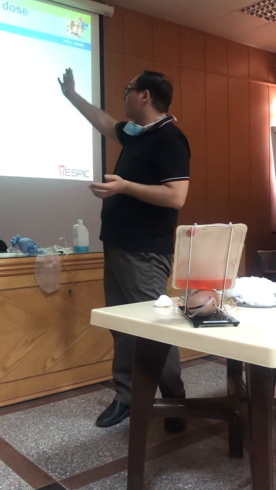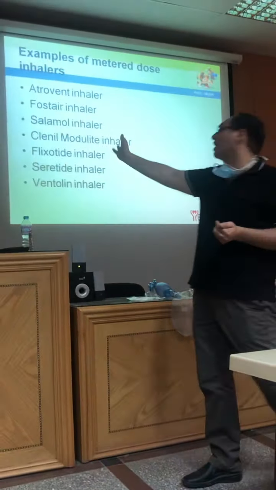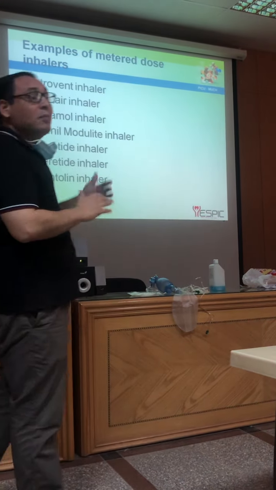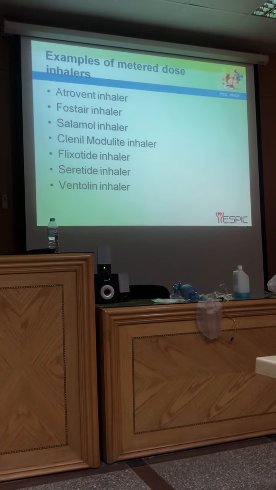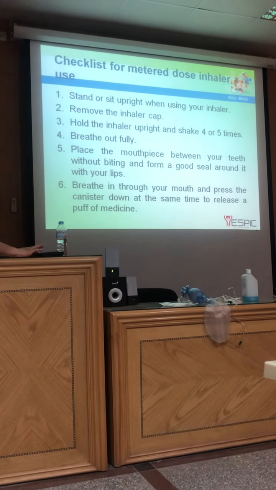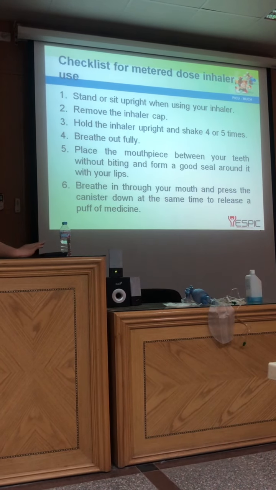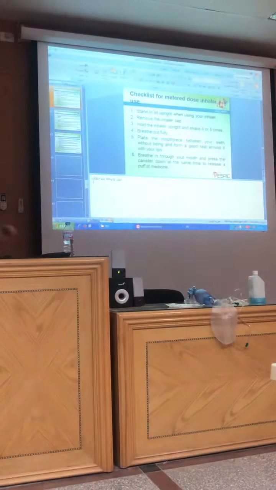Examples, like we said, Atrovent, Salbutamol, Clinil, Flexotide, which are trade names of MDIs present in the market. Checklist for the MDI inhaler, we will see it in the video.